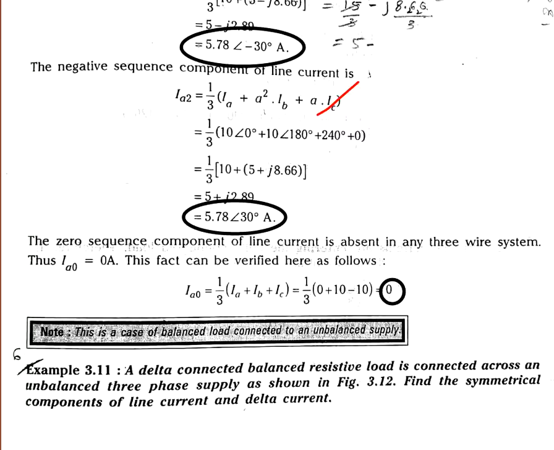If there is any difference in magnitudes and phase angles, we say it is an unbalanced supply.